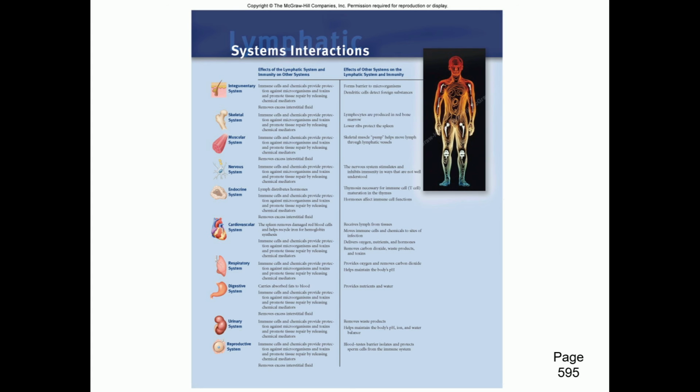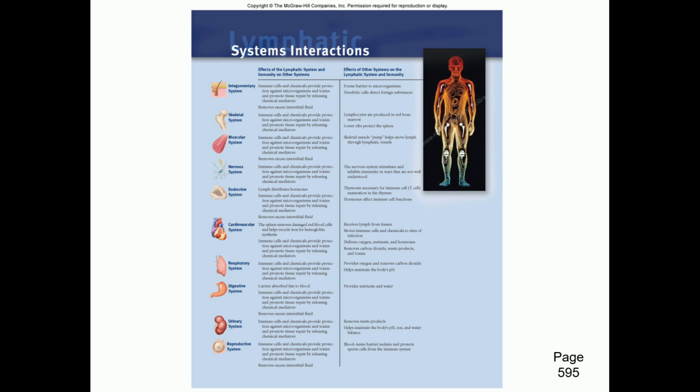The lymphatic system interactions. These are the lymphatic system interaction and immunity in the different organ systems, namely integumentary system, skeletal system, muscular system, nervous system, endocrine system, cardiovascular system, respiratory system, digestive system, urinary system, and last we have reproductive system.